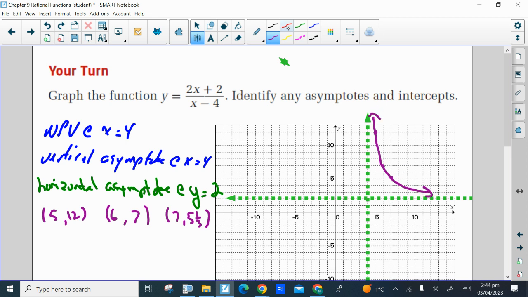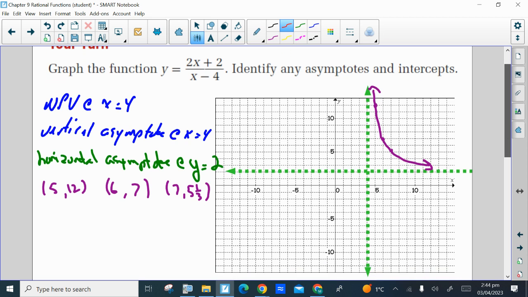And then on the other side, to the left of 4, I might go 3, I might go 2, I might go 1.